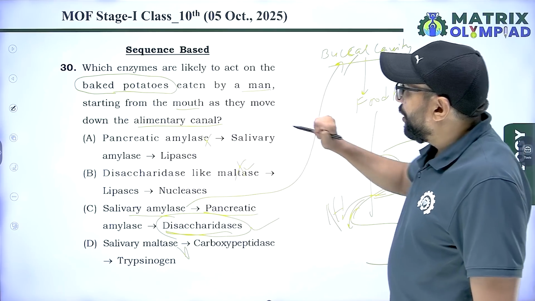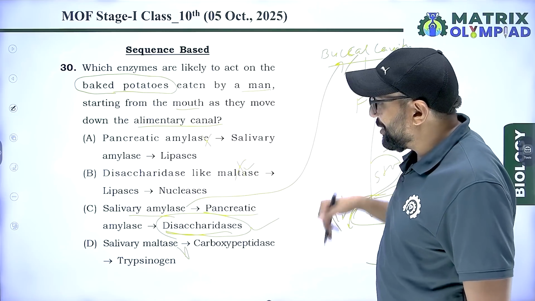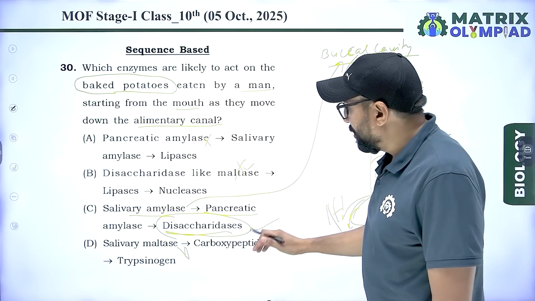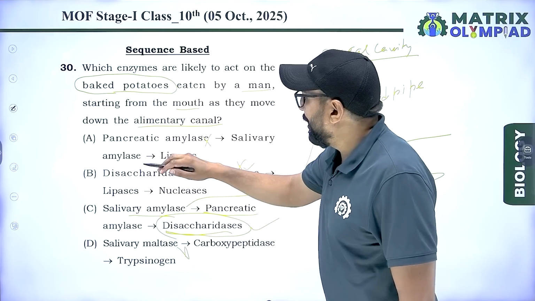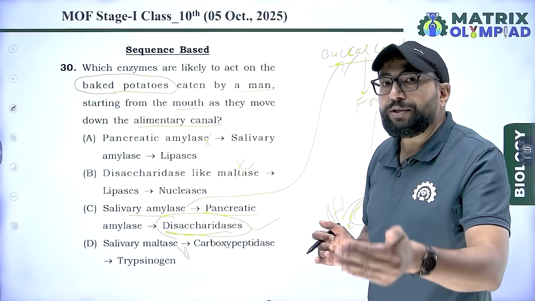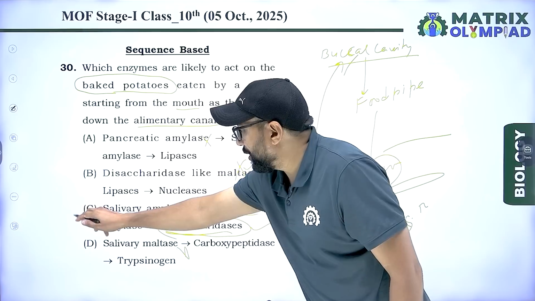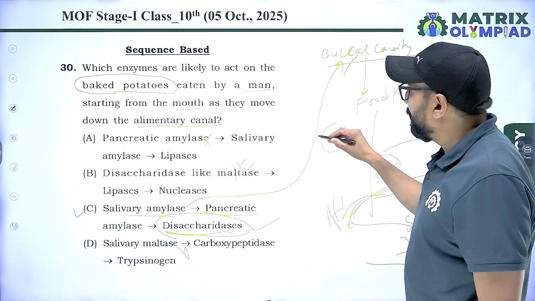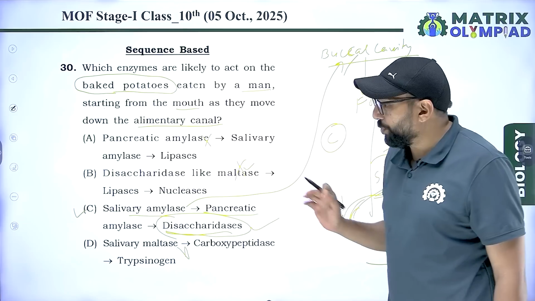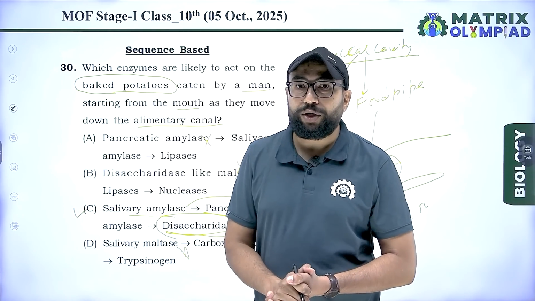So baked potato digestion starts from the buccal cavity, then next step in the stomach, next step in the small intestine. So option C is correct for the 30th question. These are all the solutions for the biology portion, and for more updates subscribe to our YouTube channel.